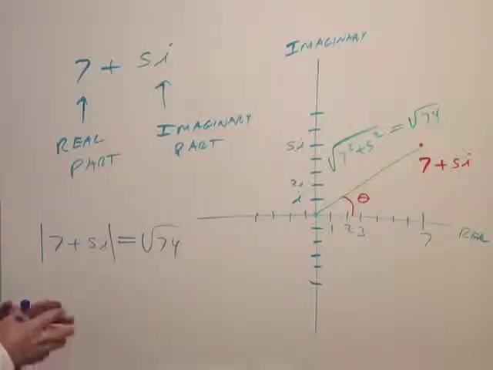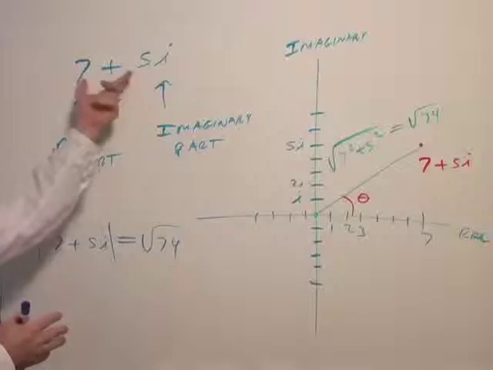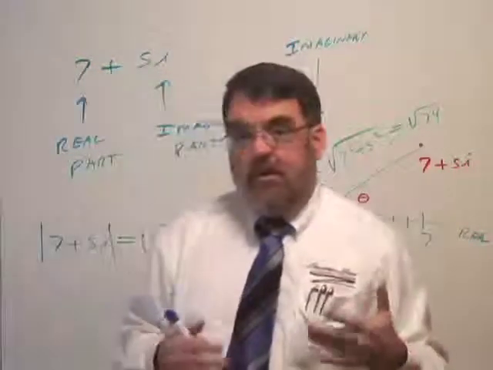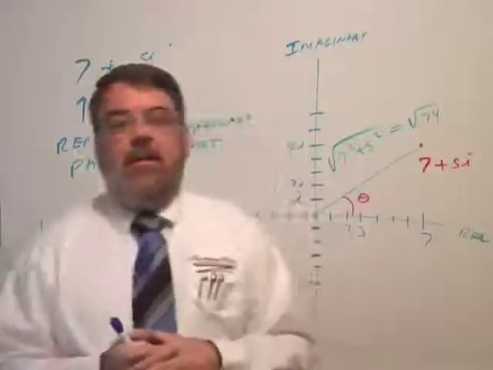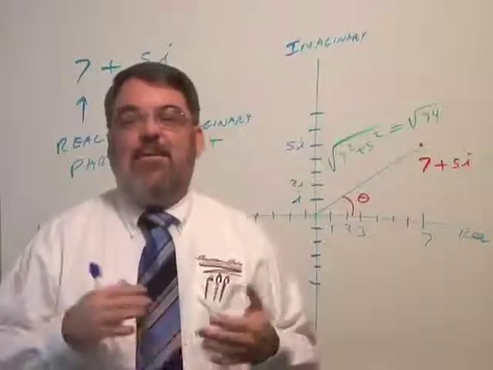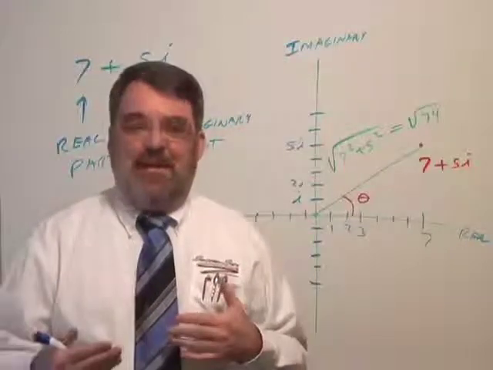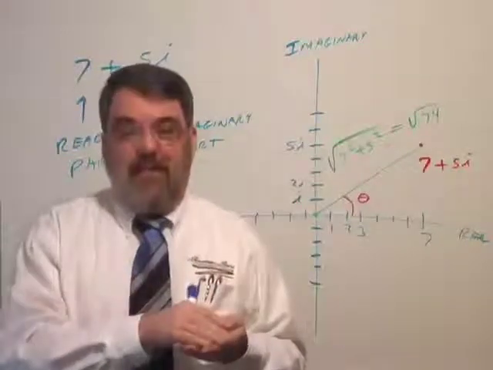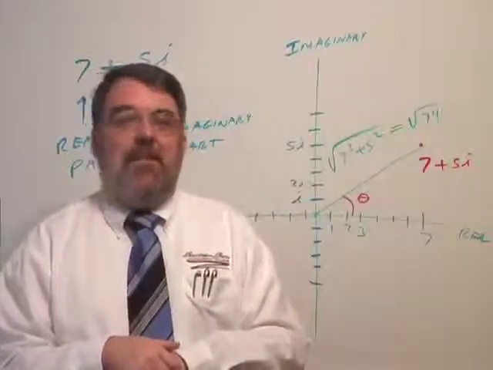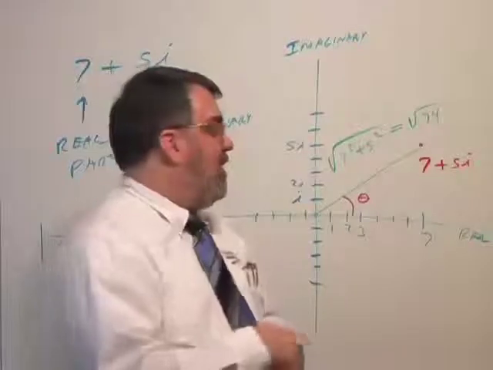So these complex numbers, which again are combinations of real and imaginary numbers, have a geometry to them. They're two-dimensional in character, and that's about as far as we go with it here. You will need to learn how to add, subtract, multiply, and divide complex numbers, and we'll take that on shortly because it's part of learning the algebra.